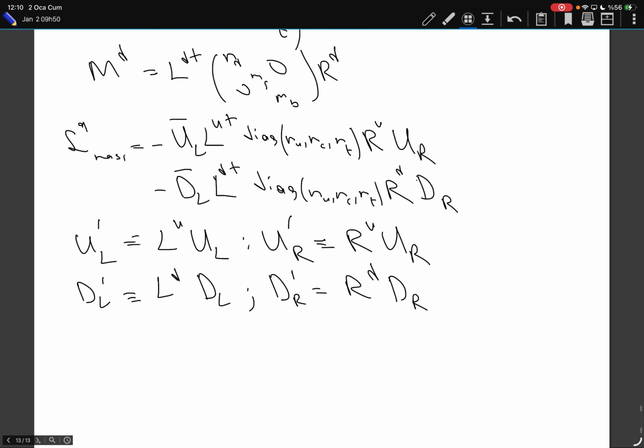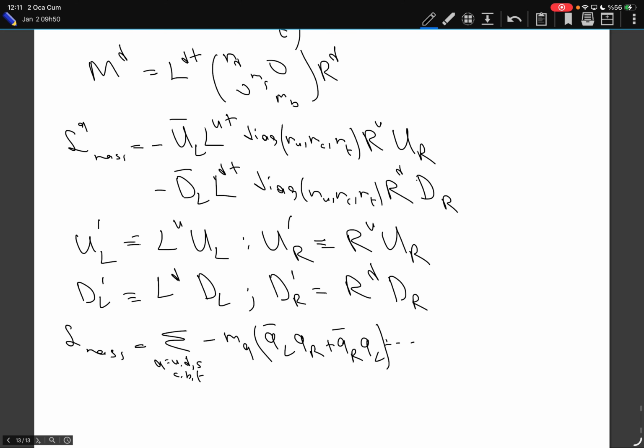Now, in terms of these fields, my mass term is now minus MU U bar L UR minus MD D bar L DR, minus MQ QL bar QR, where Q is U, D, S, C, B, T, plus the Hermitian conjugates, which are QR bar QL.